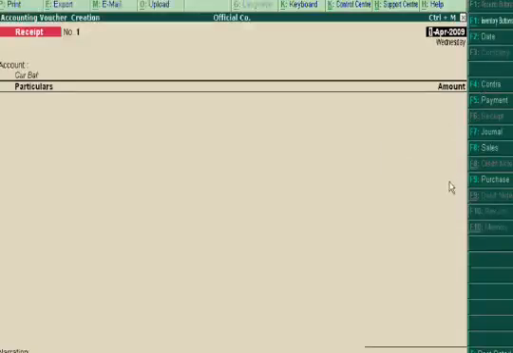On the right side you will see different vouchers, meaning voucher entry in Tally is on the basis of different classification. Suppose there is involvement of cash inflow or cash outflow, or net cash inflow or outflow is nil, then we will pass the voucher entry in receipt voucher, payment voucher or contra voucher.